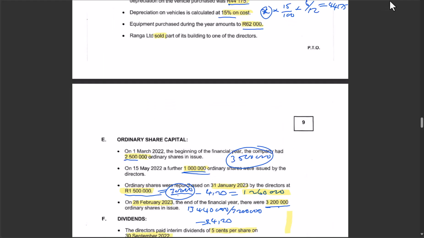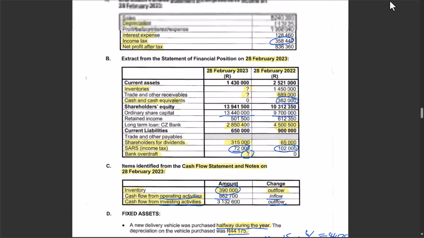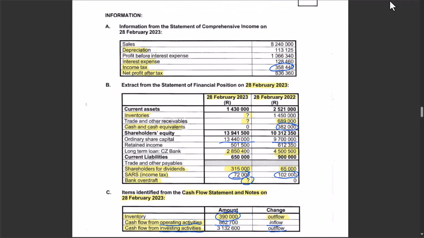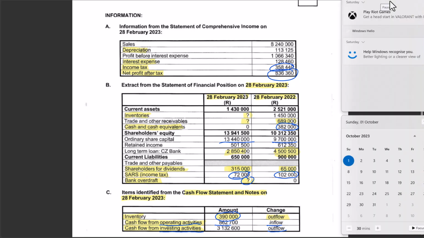So if you come to our question, profit after interest and tax, that's net profit after tax, that's 836,660. That's 836,660 divided by average shareholders equity, that will be the opening plus the closing shareholders equity, divided by 2.